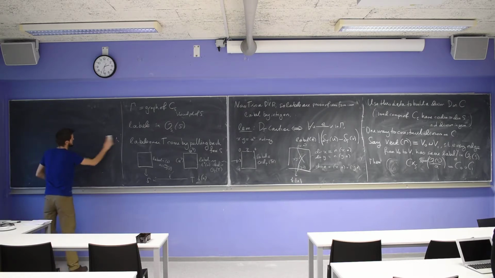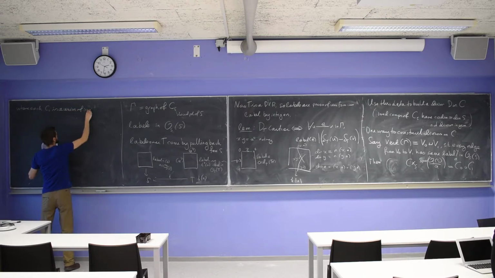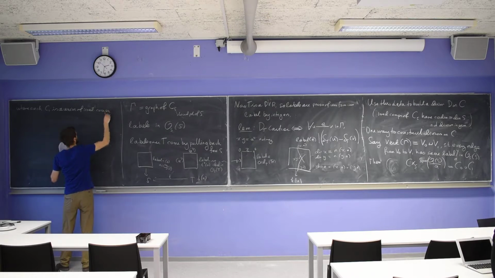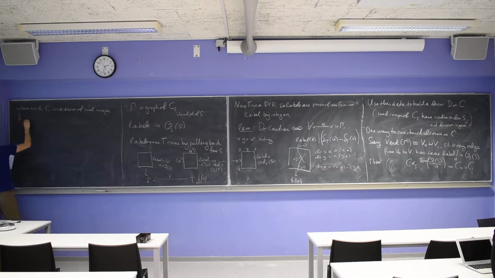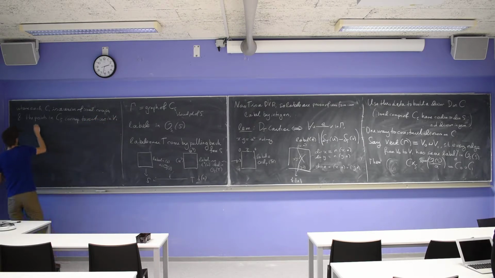Each of these C0 and C1 is some union of irreducible components, where each Ci is a union of irreducible components, and the points CS corresponding to vertices Vi lie in C. So this is terribly confusing.